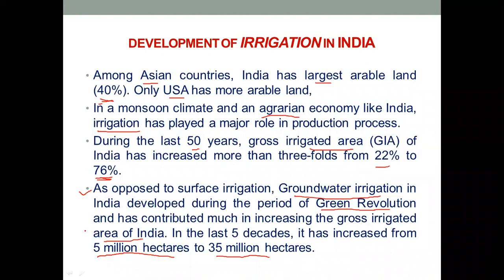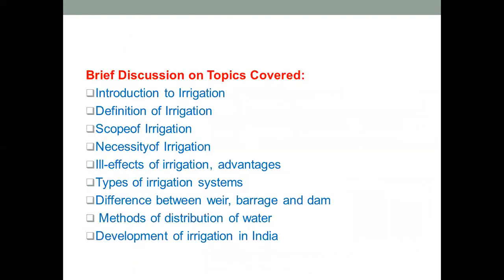So here the first part of the first unit, that is introduction to irrigation, is finished. We'll just have a brief discussion on the topics which we covered in the first part, and then we'll stop the lecture.